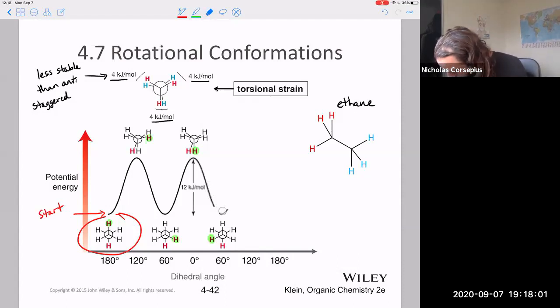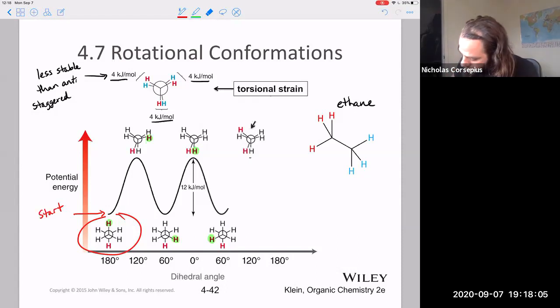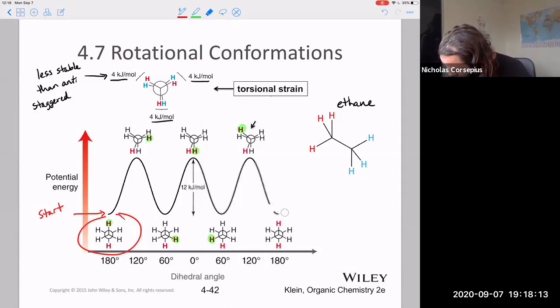All right, and then we just keep on going here, following this same hydrogen around. The energy will drop again for my staggered conformation. The energy will rise again for my eclipsed conformation. And then finally, I arrive back where I was before, back to the start.